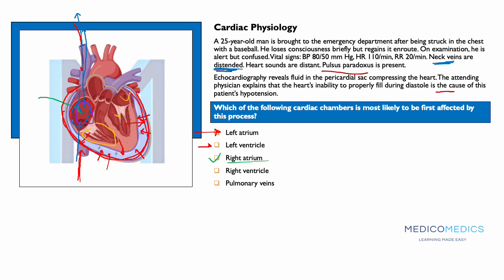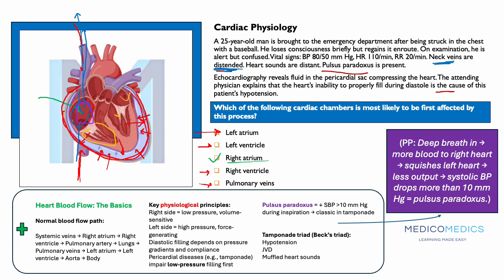What about the right ventricle? It's affected after the right atrium, especially during inspiration. What about the pulmonary veins? Well, they're not within the pericardial sac, they're outside and upstream from the heart, so they're not compressed directly in tamponade.